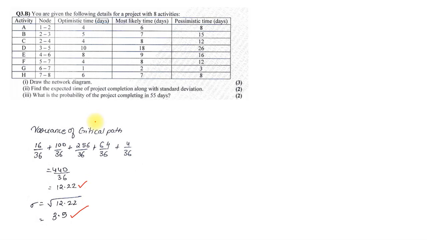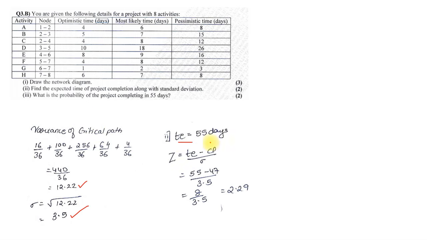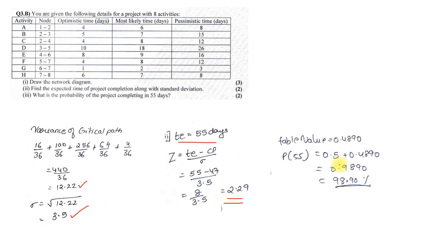Now they have asked to find the probability of completing the job in 55 days. So the time that we want is 55 days. Z is equal to TE, or you can use the alphabet X also, minus the critical path time, upon standard deviation. When we divide, we get the value of 2.29. Now this is the Z value. We need to check in the table. So the table value will come approximately 0.4890.